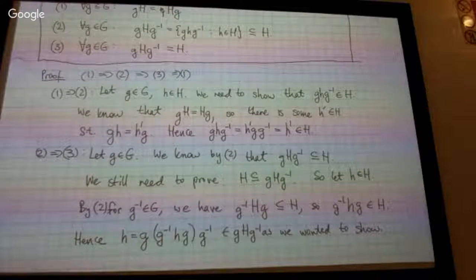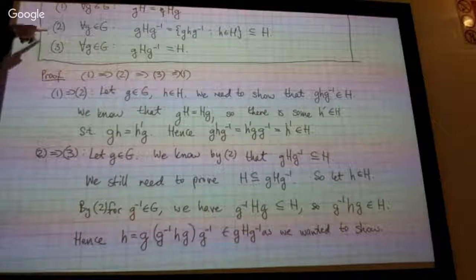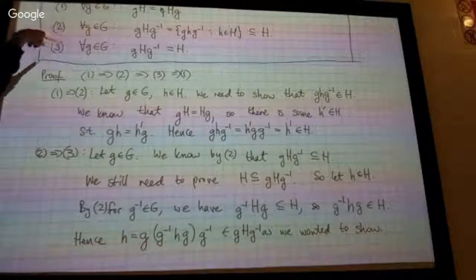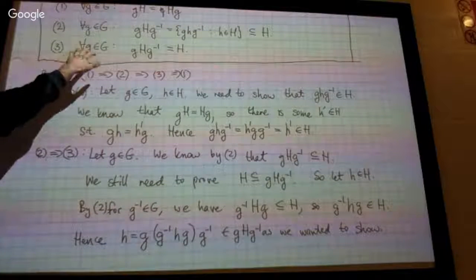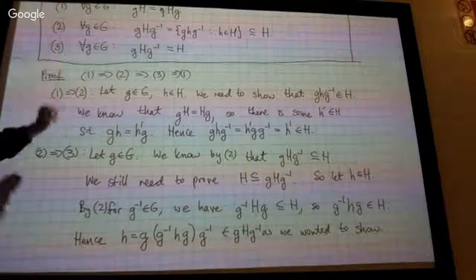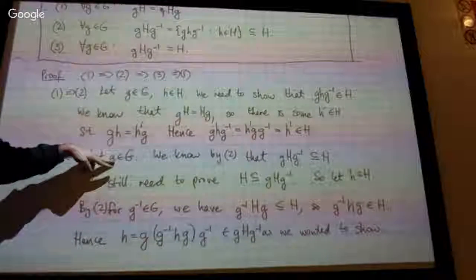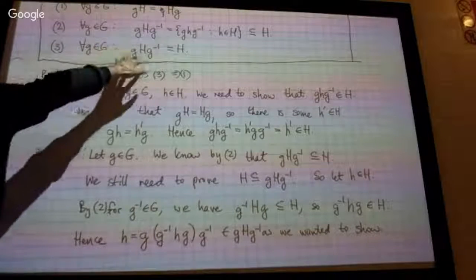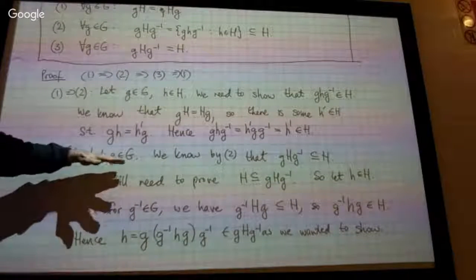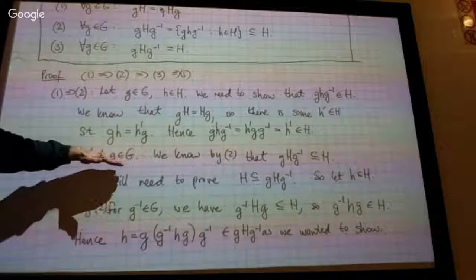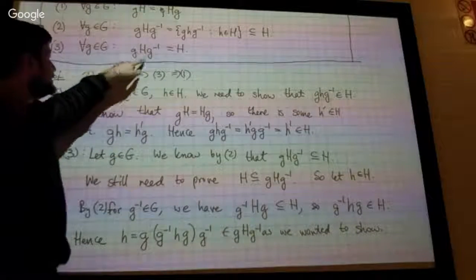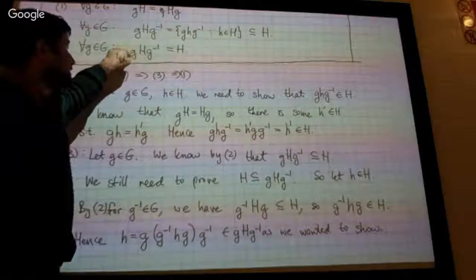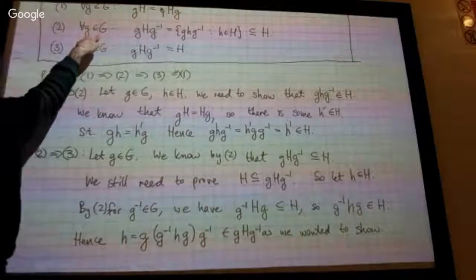What just happened? Okay. So we want to show that 2 implies 3. To show 3 holds, assuming 2, we fix an arbitrary element of G, because we need to show that this is true for any G. So let G be any. We know that this set is a subset of H by the assumption.